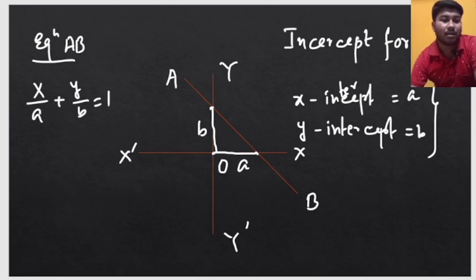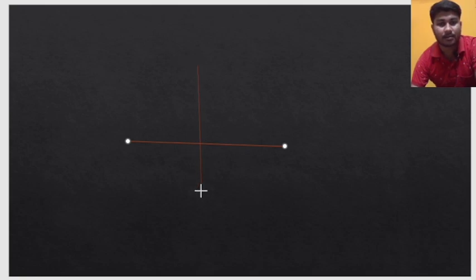The next thing we want to discuss is another form. Again I am taking an x axis here, and this is the y axis. The line is the same, like that.